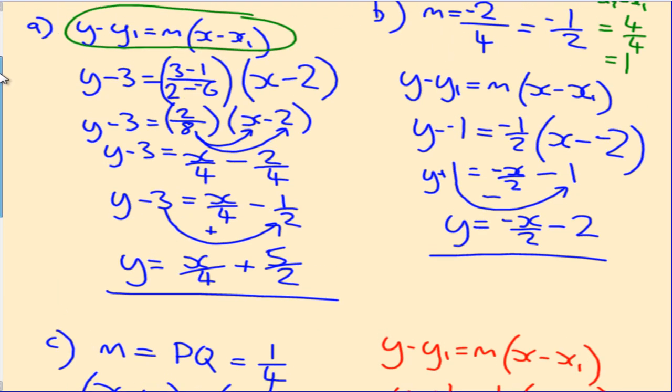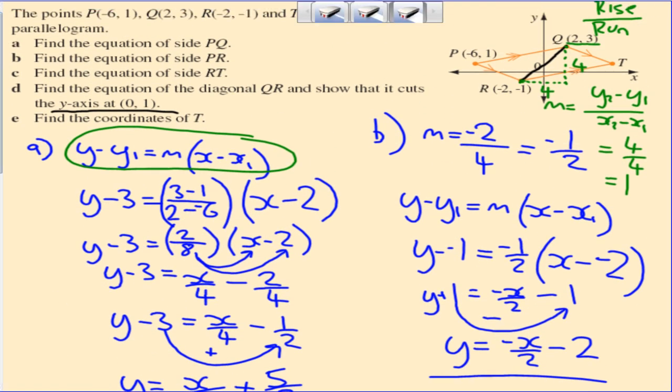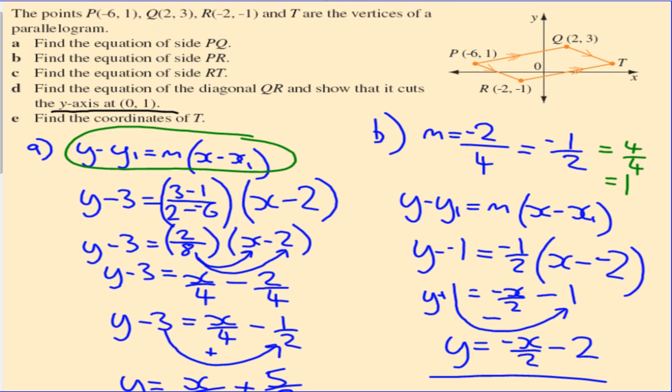Okay, last question. Find the coordinates of t. Now once again, I'm going to clear our stuff away so we have a nice picture to start using again. We're trying to look for the coordinates of t. Now it sounds difficult when I first approach this, but all we need to do is realize that these two lines here are parallel, so they share the same gradient.